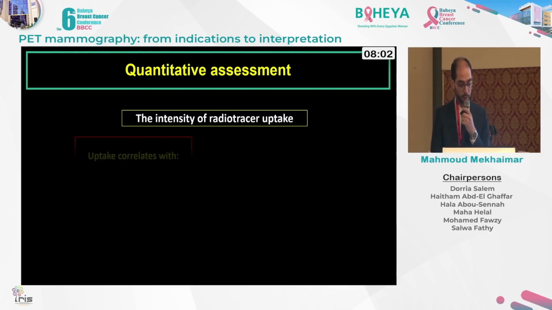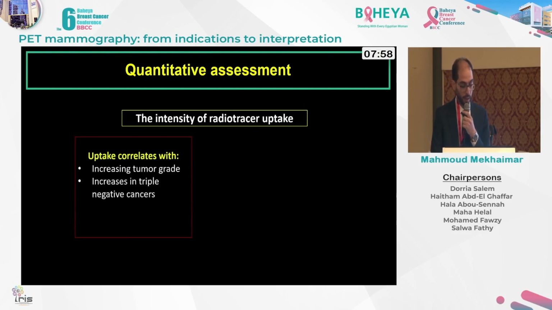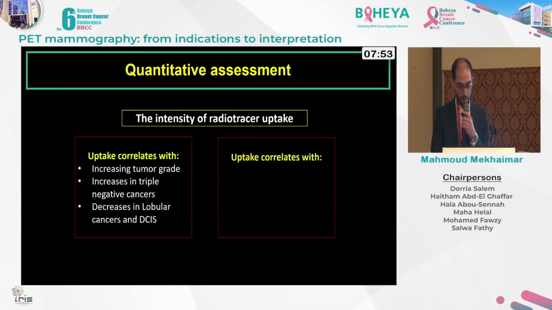The intensity of radiotracer uptake correlates with increasing tumor grade, increases in triple-negative cancer, and decreases in lobular carcinoma and DCIS. Also, uptake correlates with the risk of nodal metastasis and response to neoadjuvant chemotherapy.